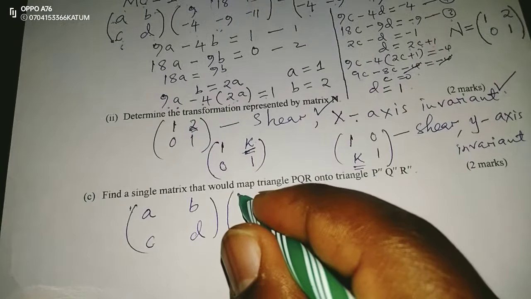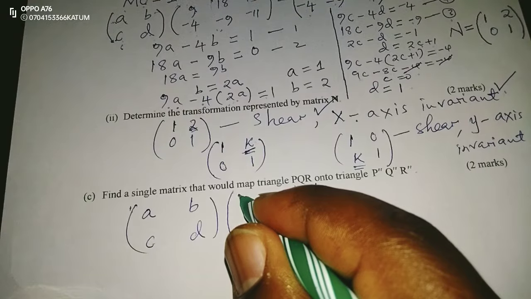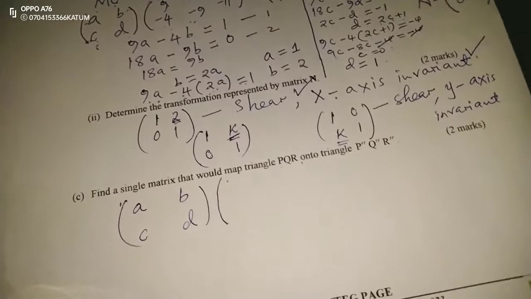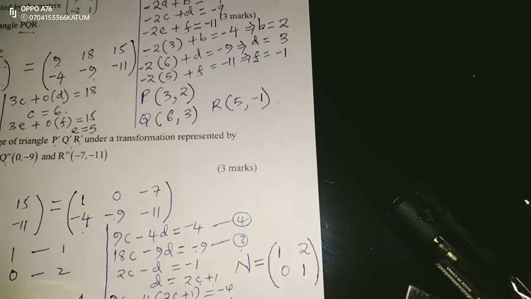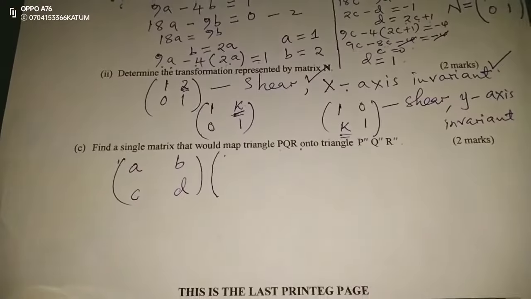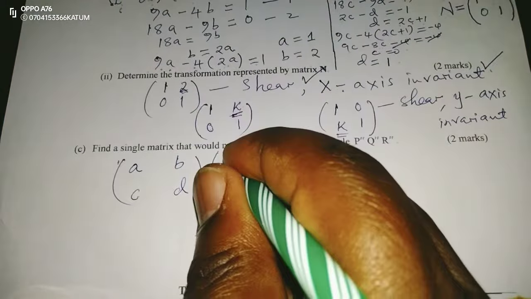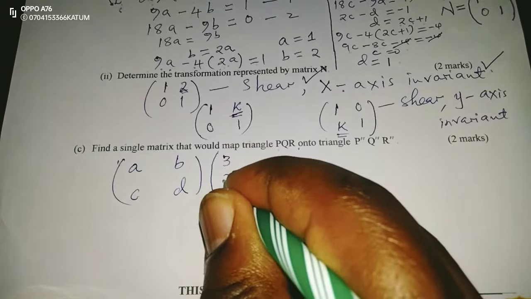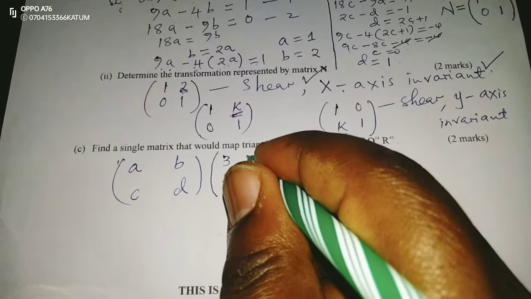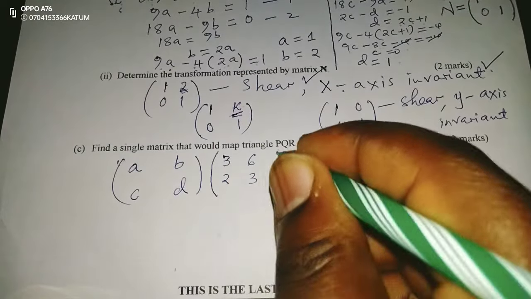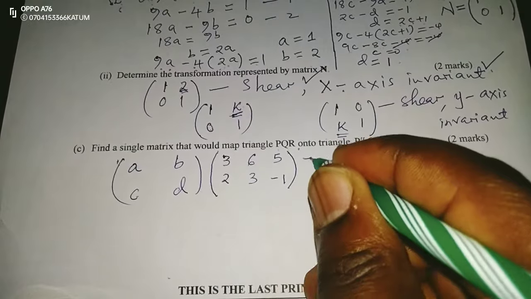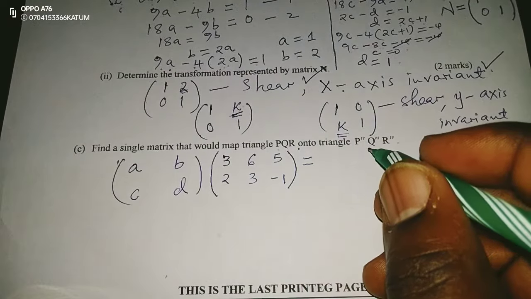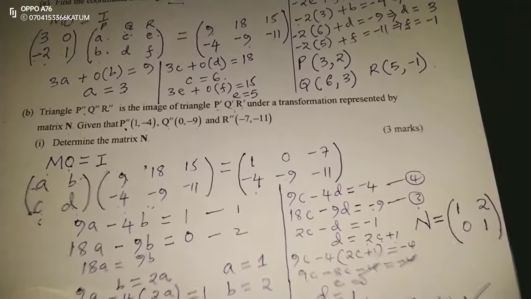We already calculated it in part A: P is 3, 2, Q is 6, 3, and R is 5, negative 1. Directly to double prime, the values are there in part B.